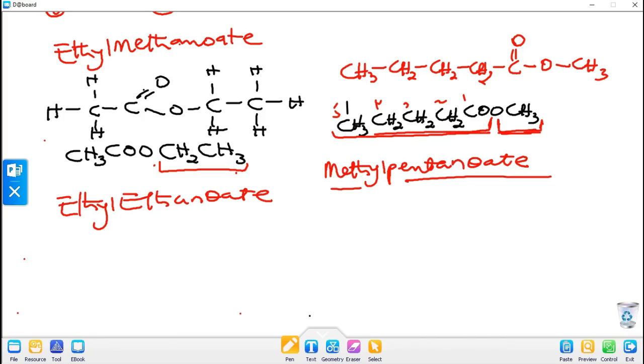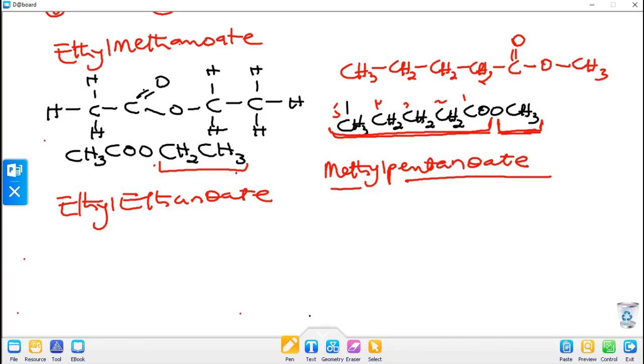So when you're given a compound that is an ester, you ought to check how many carbon atoms we can get after the COO, and then how many carbon atoms we can see from the COO backwards. So when you are able to identify that, you will name any ester.